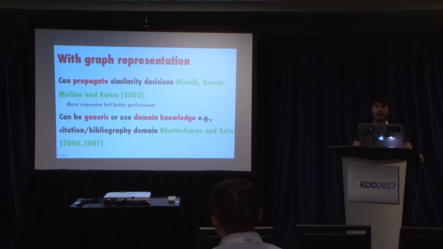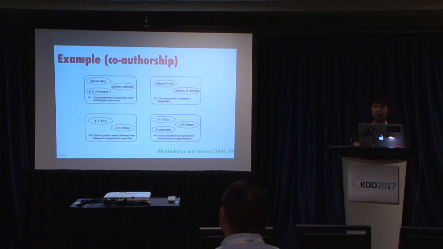Also, the other technique which is really popular is collective representation. I'll give an example very shortly, but the idea is that this is relational learning. Let me take an example, a domain like co-authorship. This is a very popular example for this.